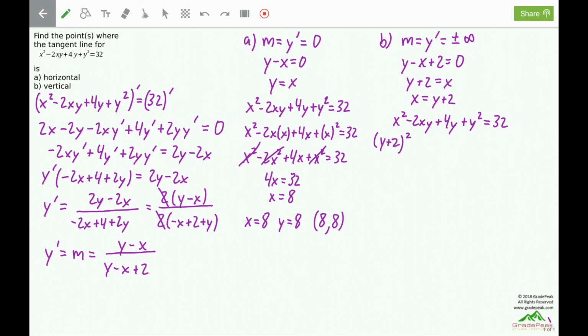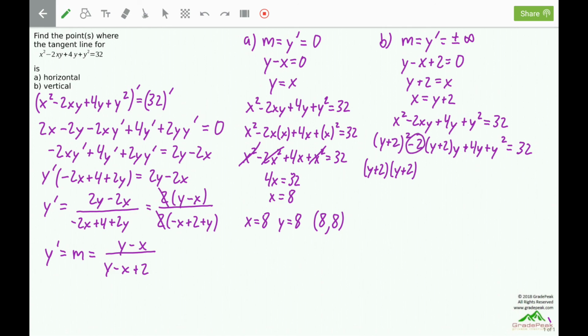So (y plus 2) squared minus 2 times (y plus 2) times y plus 4y plus y squared equals 32. Now the (y plus 2) squared means (y plus 2) times (y plus 2). We will need to FOIL that out.